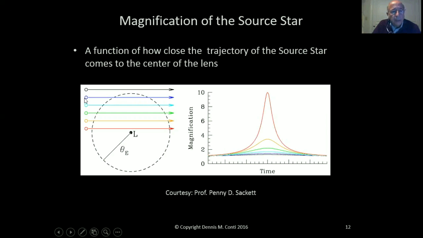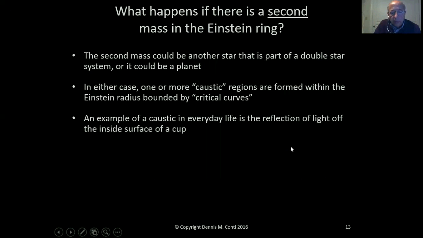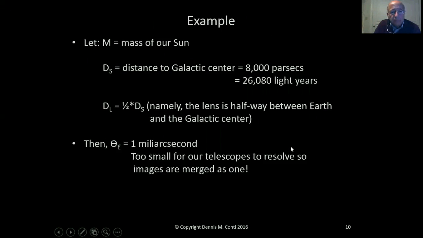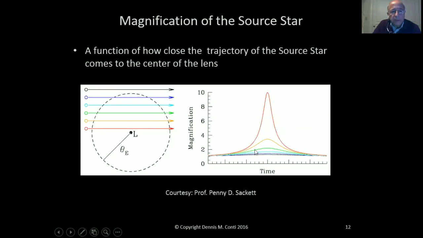The closer that background star gets to the middle of the lens, the sharper the increase in light.